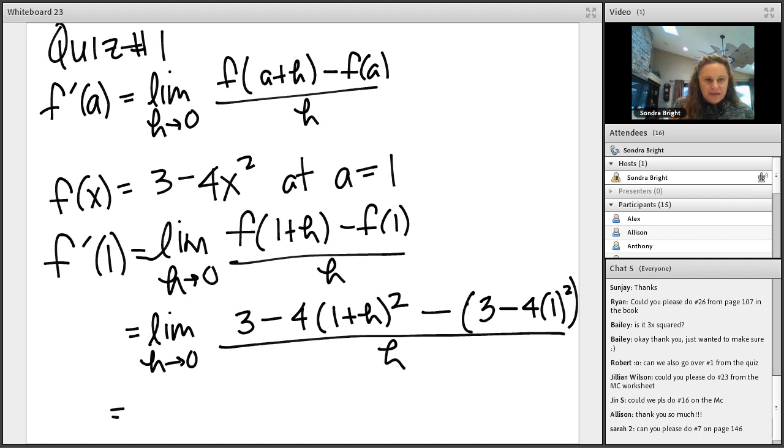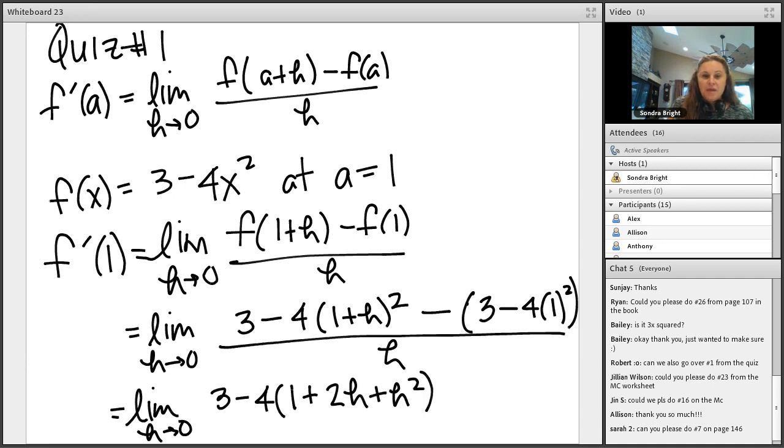Then this becomes the limit as h goes to 0, and you can't plug 0 into h yet because you'd be dividing by 0. But you end up with 3 minus 4 times, expand out 1 plus h quantity squared, which is a binomial, so it's the first one squared plus 2 times the first times the last plus the last one squared. And then we have a minus, that was a -1, so a +1 over there, and then all over h. I need to go to a new screen.